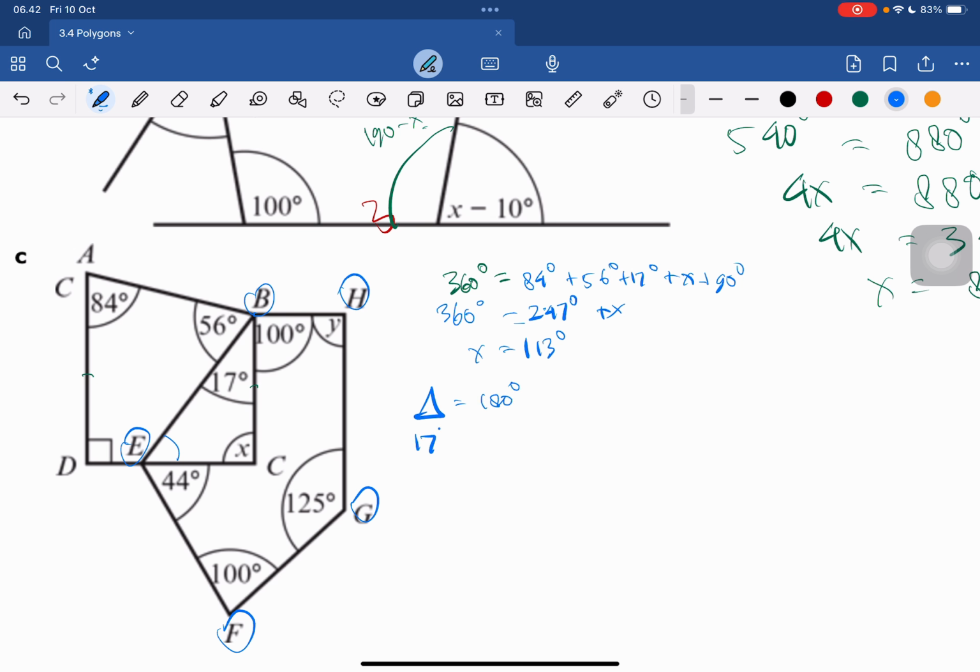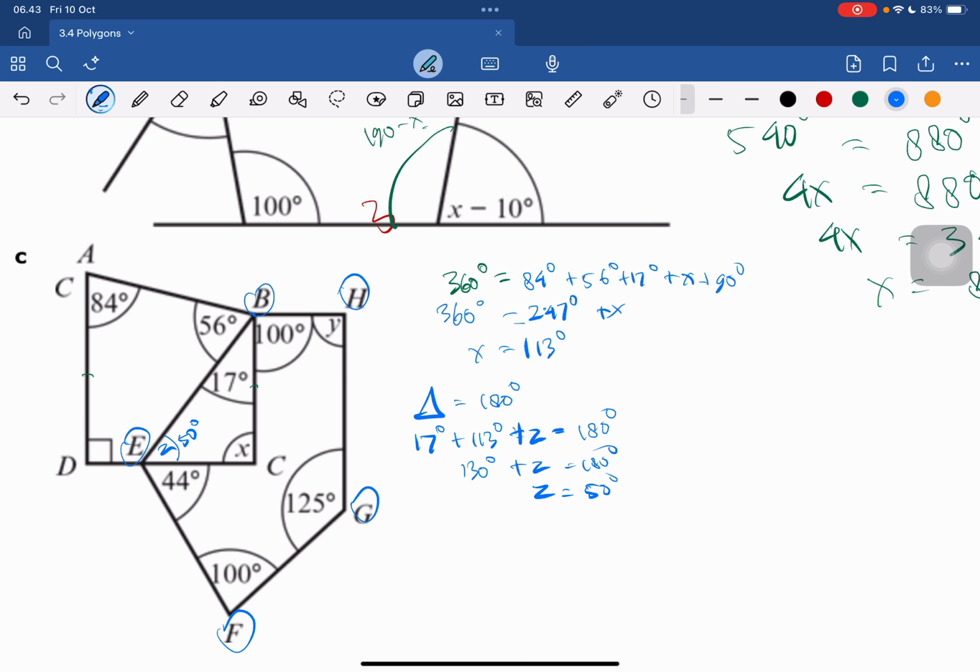So 17 degrees plus 113 degrees plus z equals 180 degrees. 113 plus 17 is 130 degrees, plus z equals 180 degrees, so z equals 50 degrees. So this is 50 degrees.